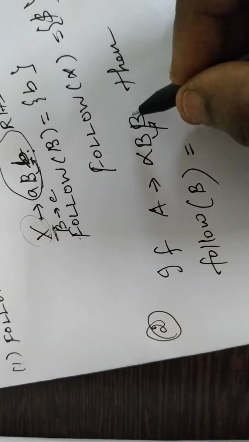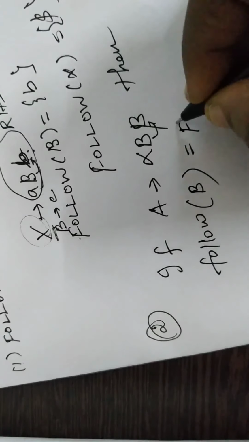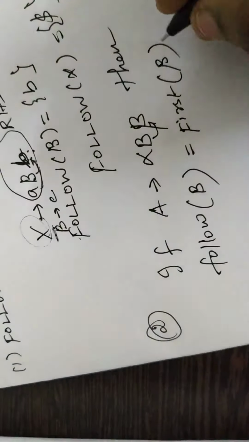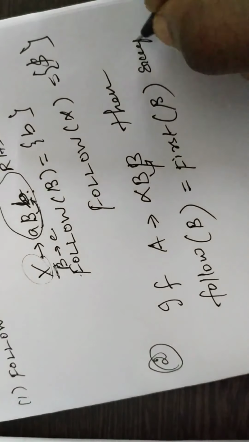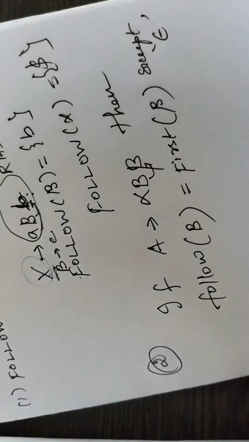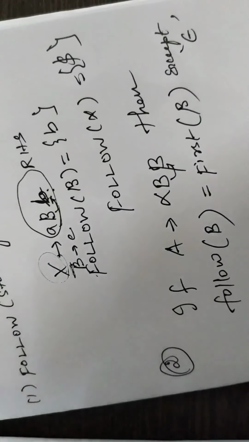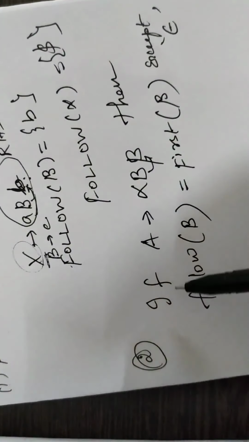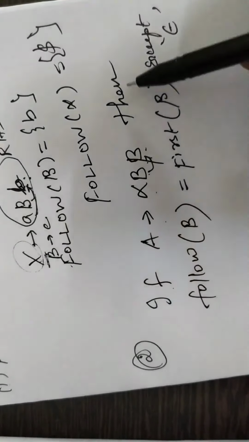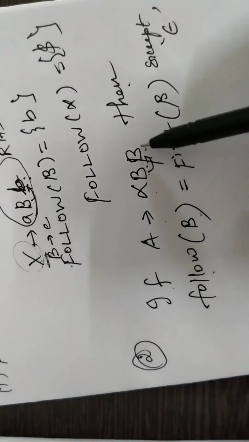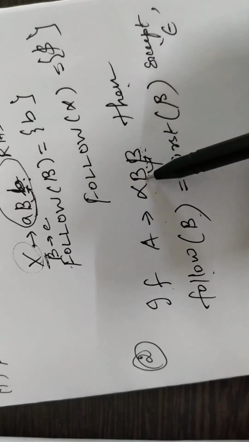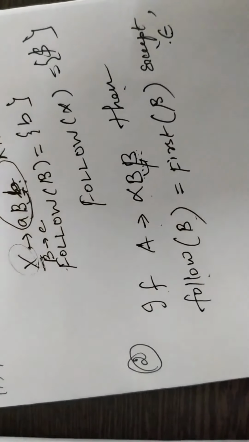We cannot write beta directly; we have to write first of beta, except epsilon, because the follow should not contain any epsilon symbol. So if A tends to alpha B beta, then some beta is following B, so first of beta should be in follow of B, except epsilon.